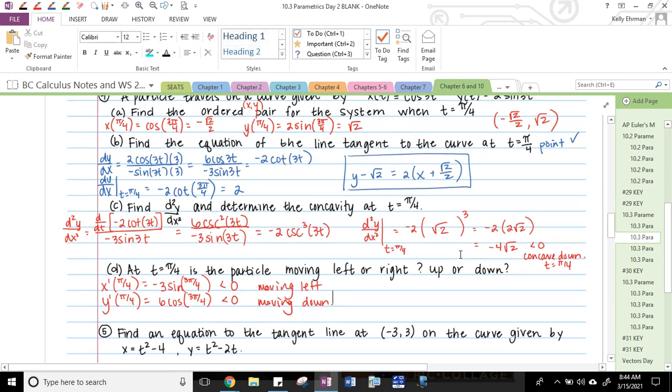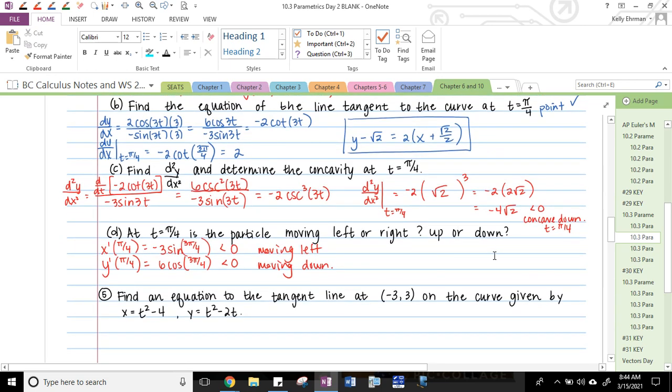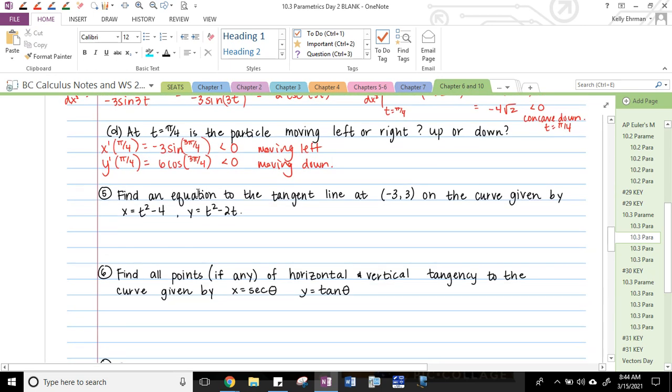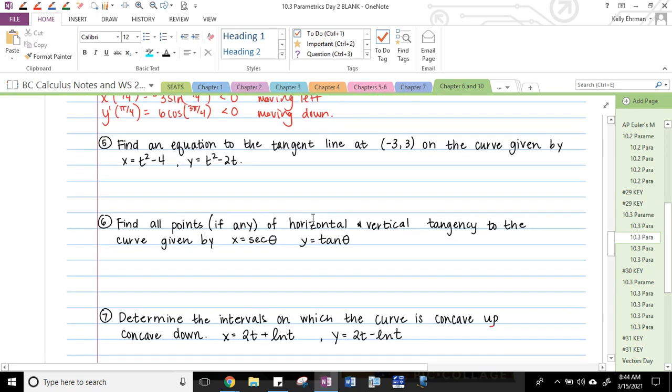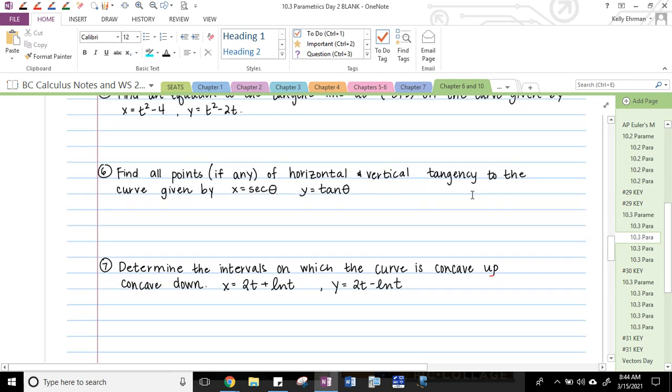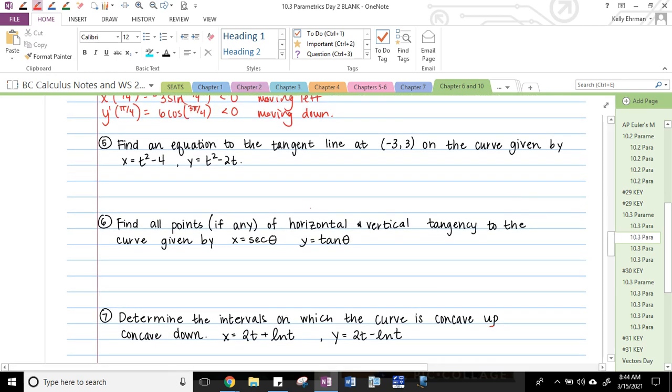All right, now the rest of this is going to be homework. You're just practicing with another set of equations. And you can check my answer key if you're getting confused on horizontal and vertical tangents. But remember, horizontal tangents are just when dy/dx equals 0, if that is possible. And vertical is when dy/dx is undefined.